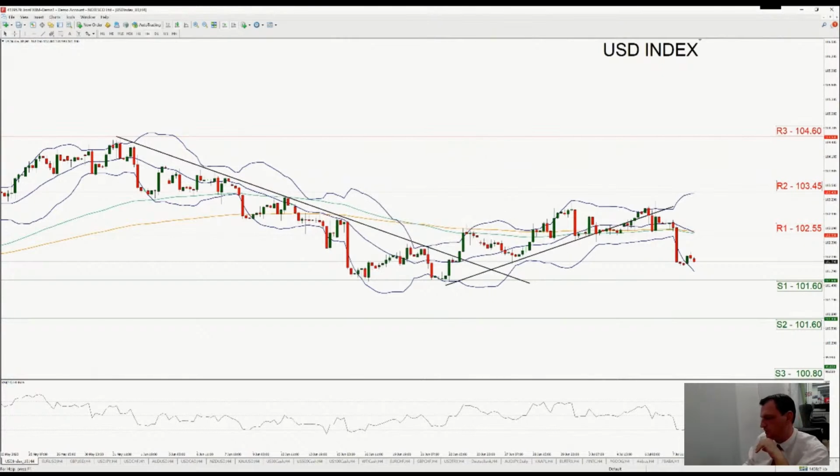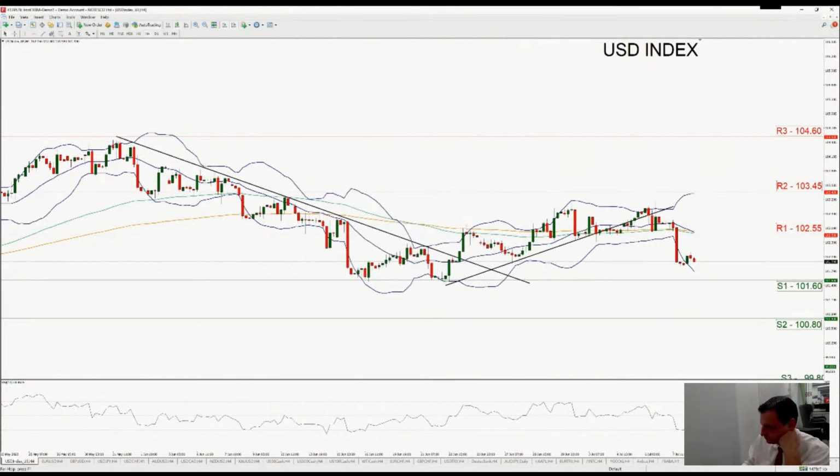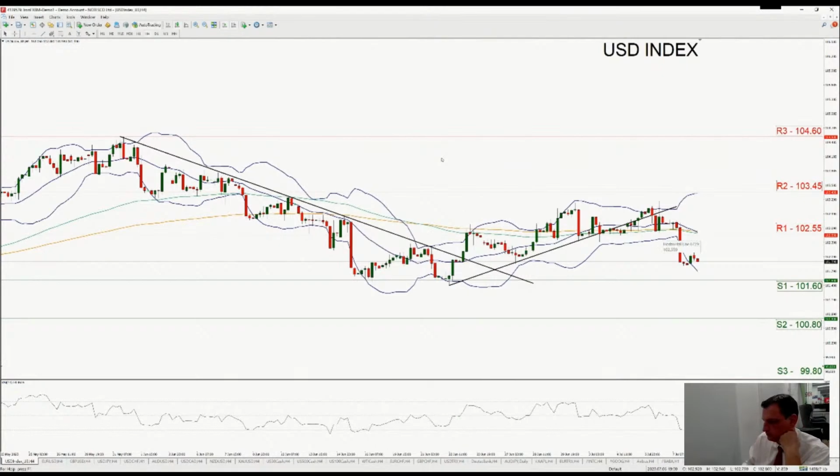The S2 at 100.80. And the S3 at 99.80. Let's lock everything in.